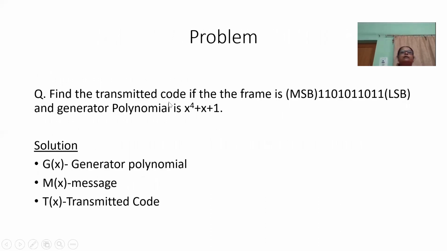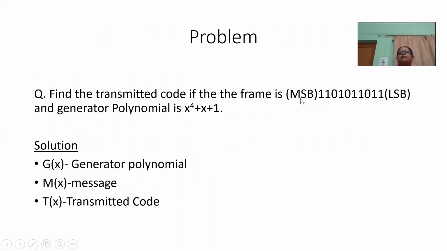How to create cyclic redundancy code? The problem is: find the transmitted code if the frame is 110101101, MSB means most significant bit. LSB means least significant bit.